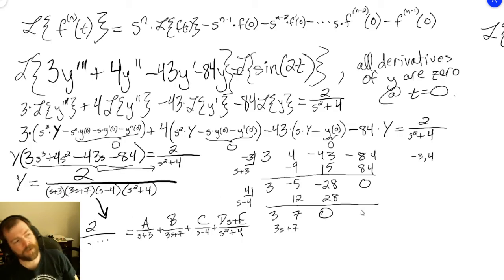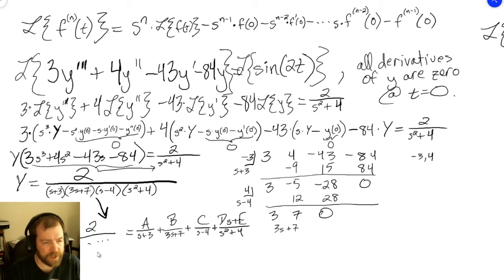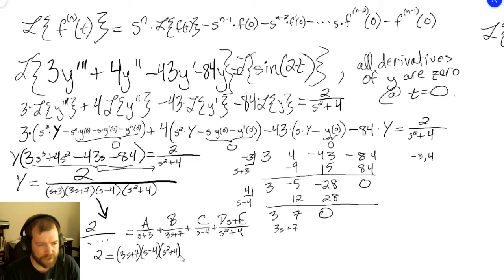When we multiply all this over, this is going to end up being 2 is equal to everything except s minus 3, so 3s plus 7, s minus 4, s squared plus 4 times a, plus everything except 3s plus 7.